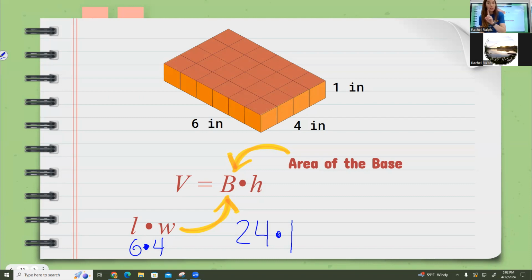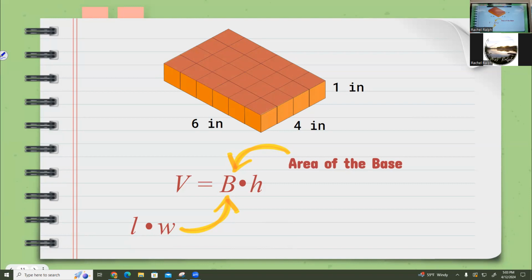So it's not just for this one, it works for all of them. If we can find the area of the base, we can use that to find the volume of the whole prism.